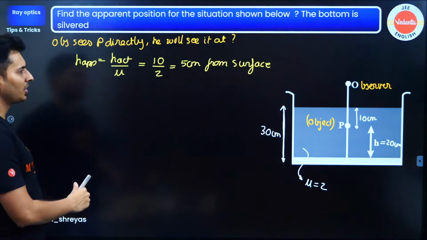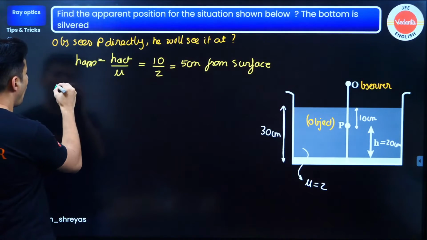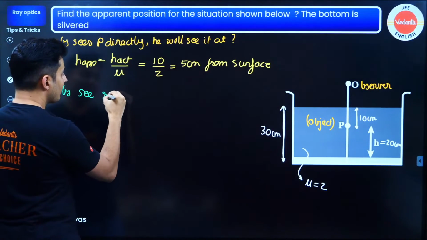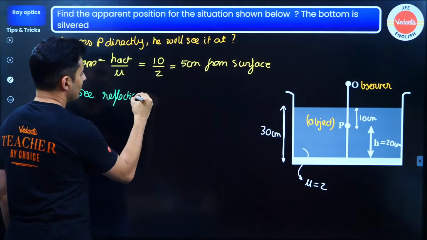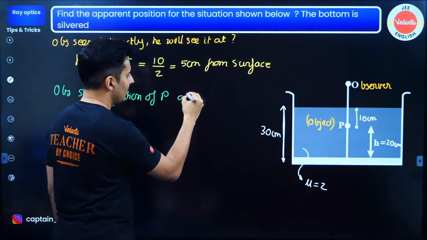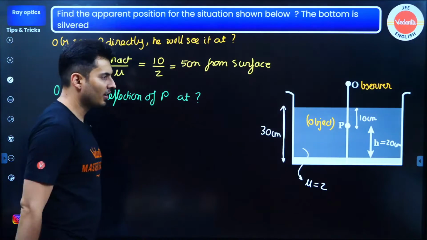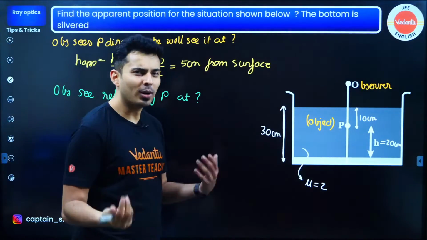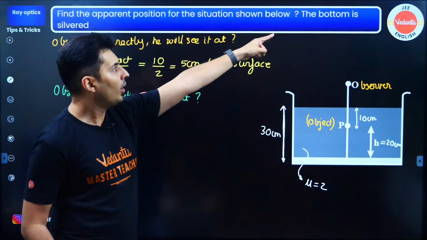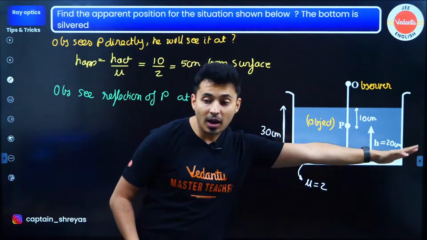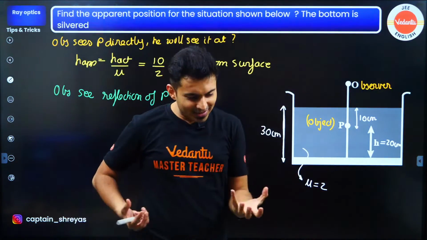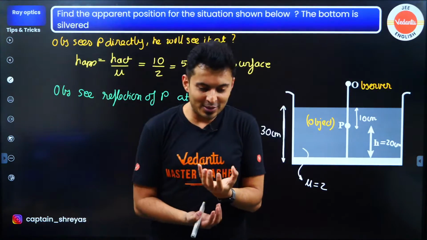Next part of the question. Where will the observer see the reflection of P, at which particular location? Now you will be wondering, sir, what is reflection? This is the mirror. Please remember, the bottom surface below is silvered. Imagine there is a liquid, and the bottom surface is silver.